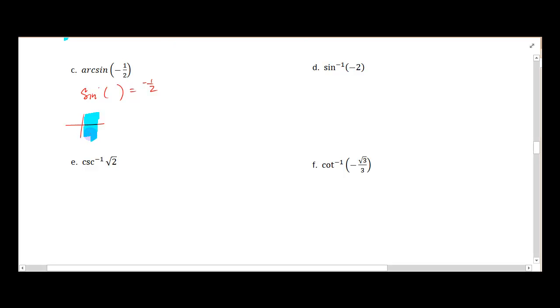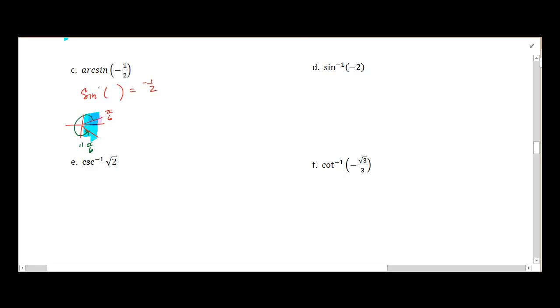So in order to get the sine of negative 1/2, I would normally be looking at pi over 6. Up here, that's pi over 6 for the reference angle. But down here in quadrant 4, you might be thinking that this would give me 11 pi over 6.